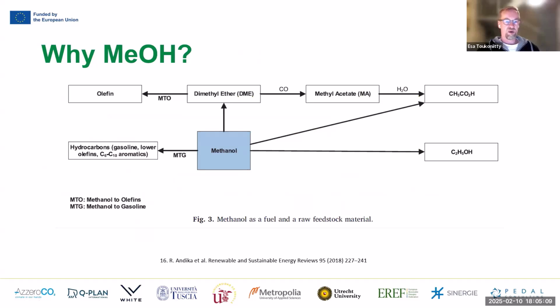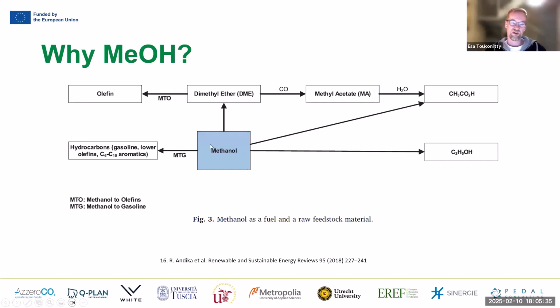Here are some products that can be made from methanol. In the beginning, I already presented some properties that make methanol interesting as a primary product and as a reactant for secondary products. So here are a few examples.